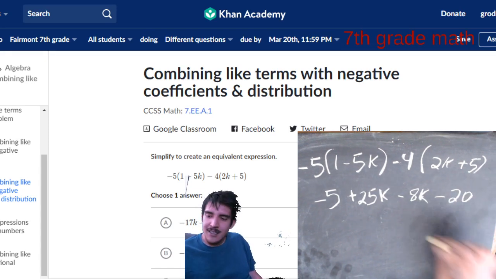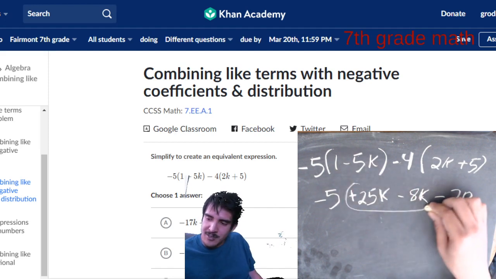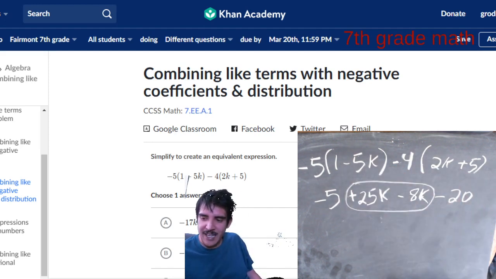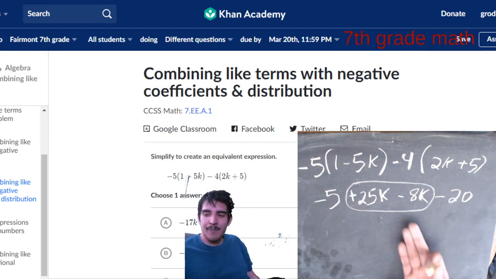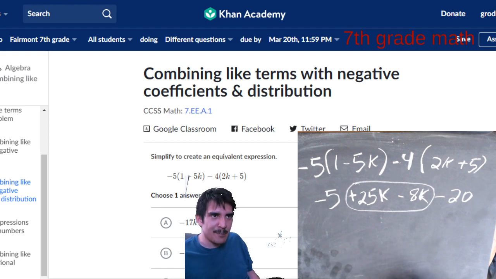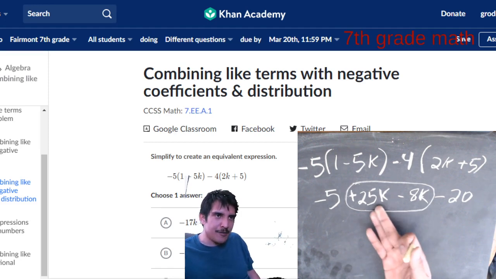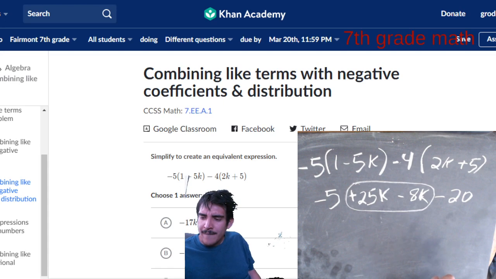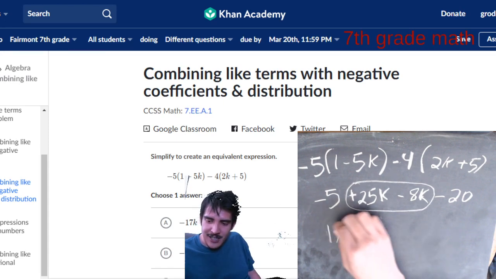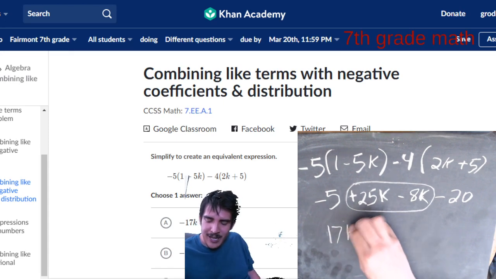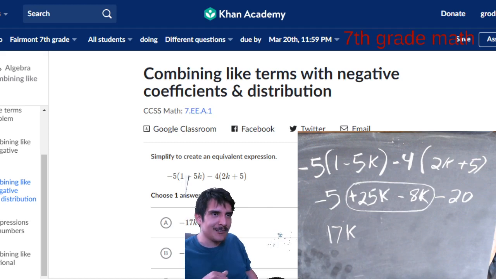Next, get your like terms together. 25k minus 8k. This is like a money question. You won a 25k lottery, but you have to get rid of 8k because you have to pay taxes, right? So 25k minus 8k, I hope that's 17k. I hope my mental math is not rotted already, but I think that's what it is.